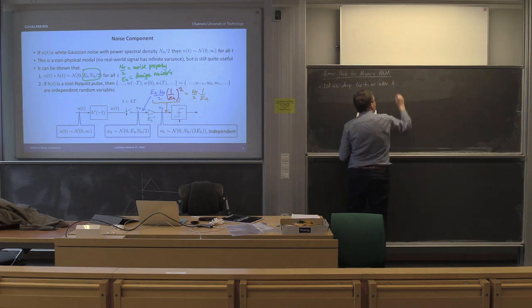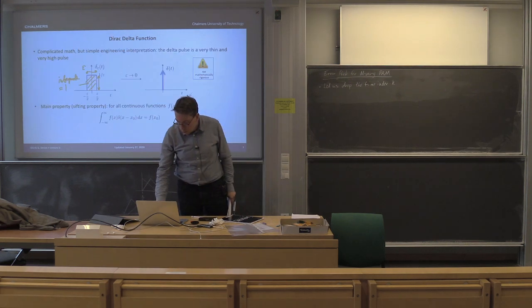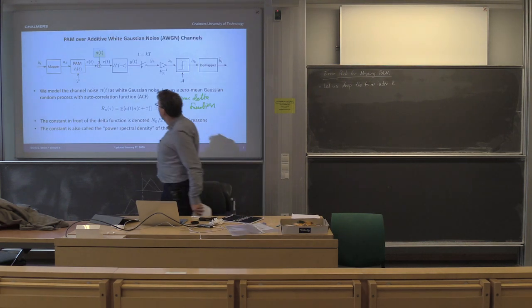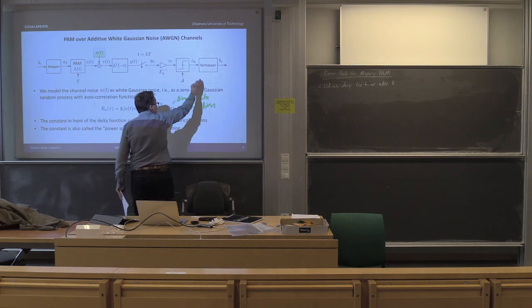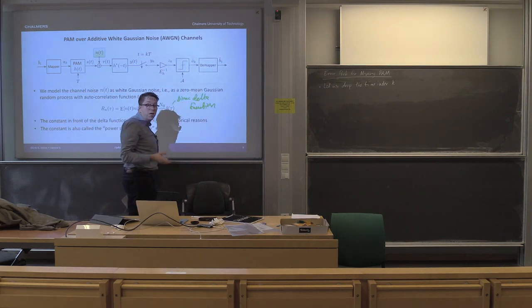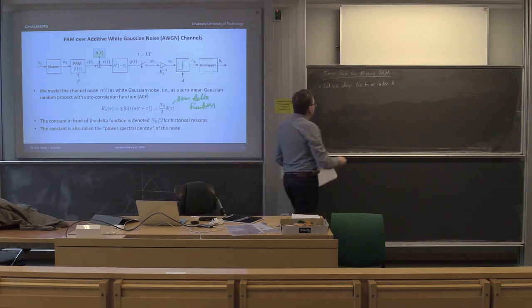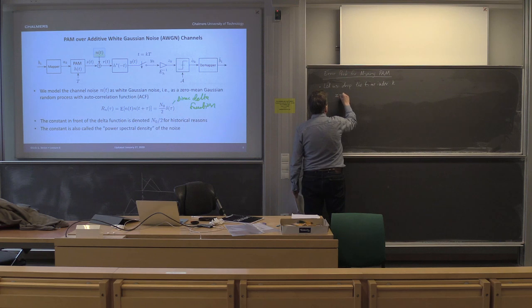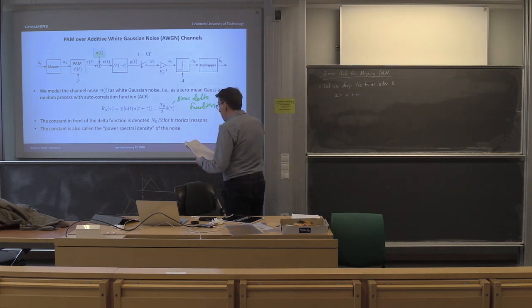So let's drop the time index k here. So basically what we would like to do is to see how things progress through this chain, and let's drop k here just to have a little bit less to write. Then the input to the slicer z is the transmitted signal point plus this noise component n.